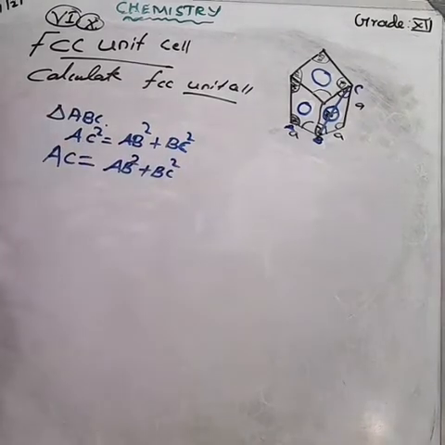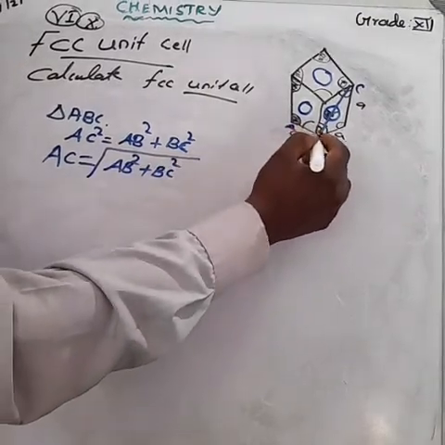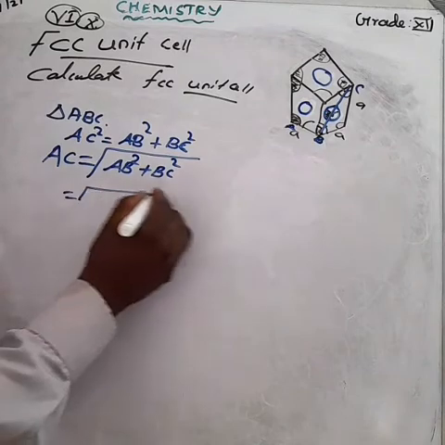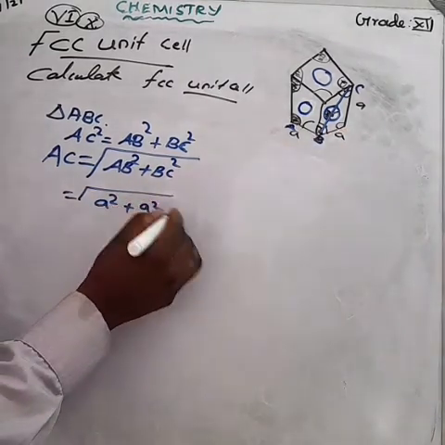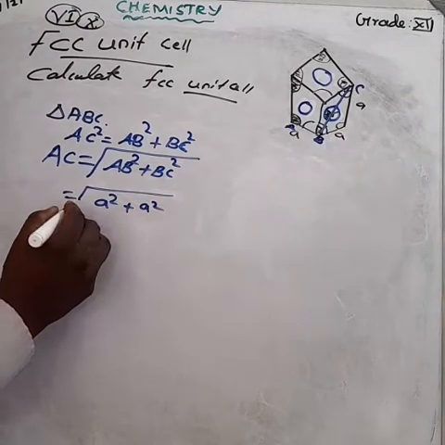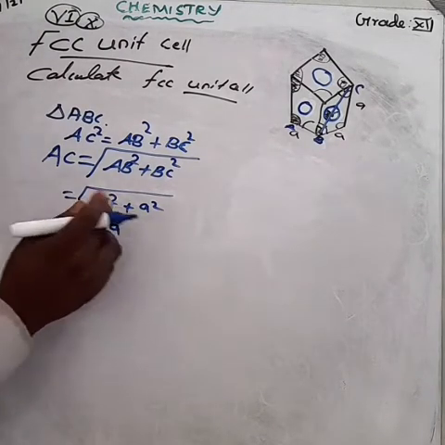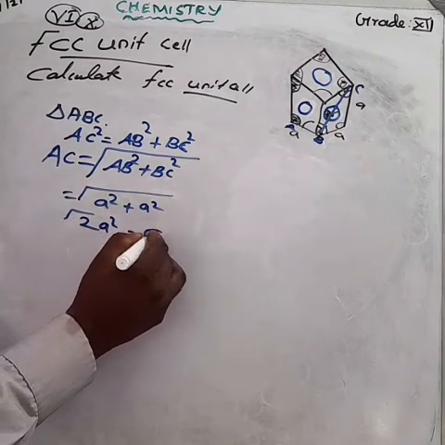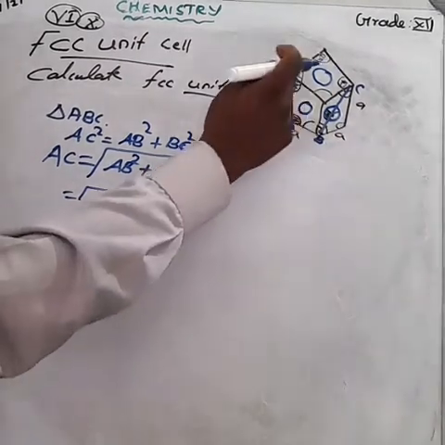AC is equal to root of, what's the value of AB? AB means a, so a square, plus BC is also a, so a square, is equal to root of 2a square. This can be written as root 2 into a. Listen all of you, from this figure try to understand the concept.